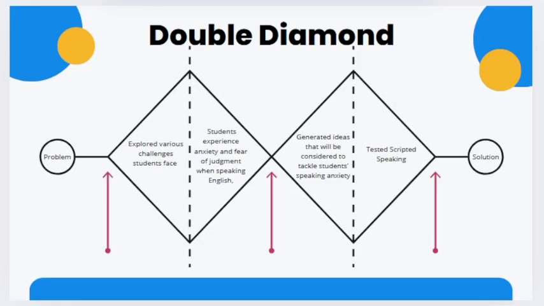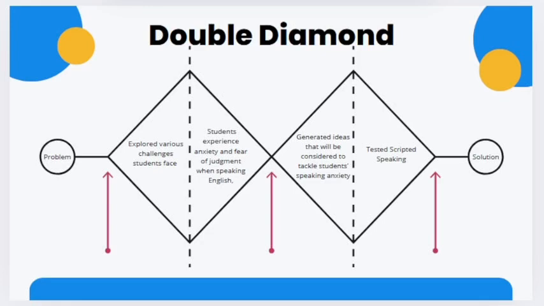After I diverged the challenges faced by the students, my team and I moved into the second process of the double diamond, which is still in the first diamond, the define phase. In the define phase, we frame the key problems we need to focus on, and we decided on the students' fear of speaking, because it aligns with the other problems as well.